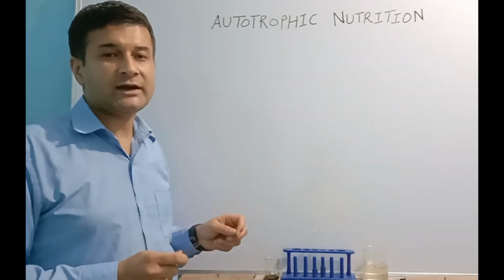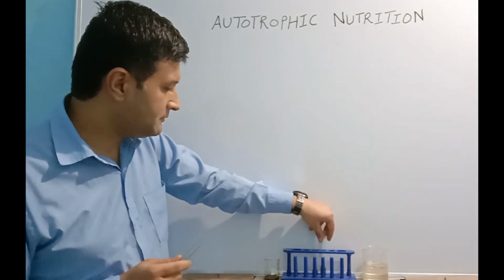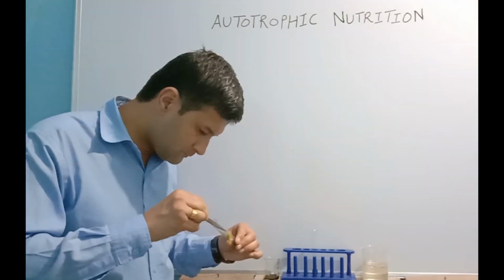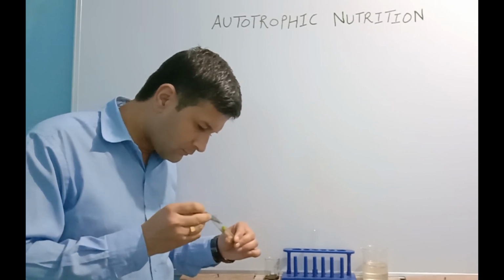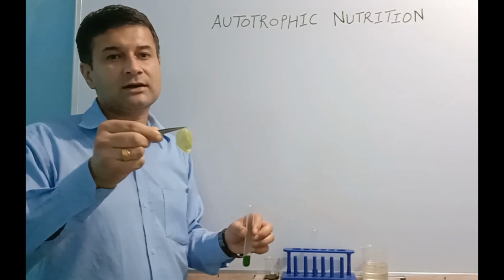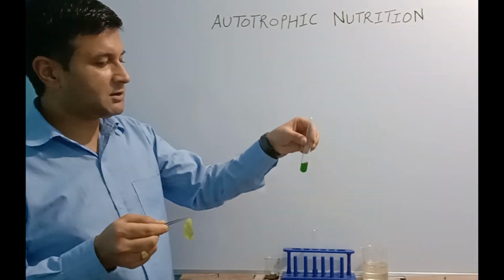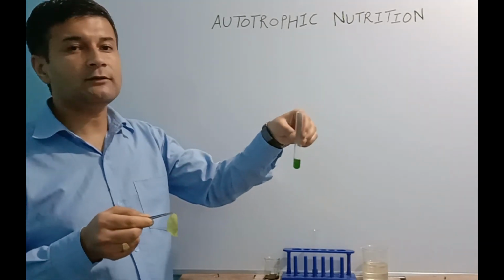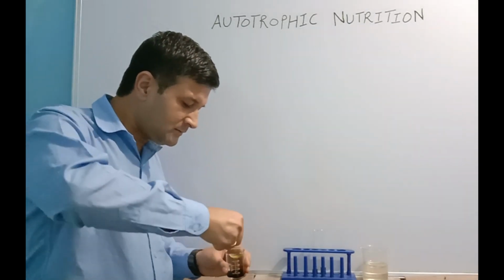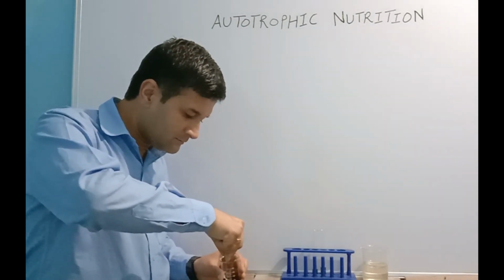Now I am going to take out leaf B. In this case also, our leaf has become colorless and the chlorophyll present on it has dissolved in alcohol. Now I am going to dip this leaf in iodine.